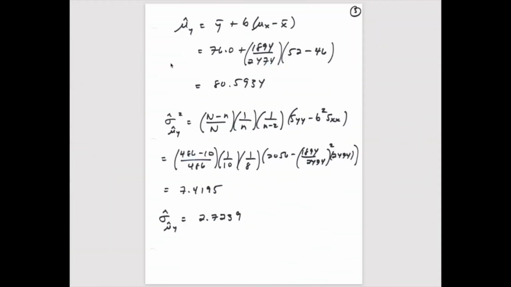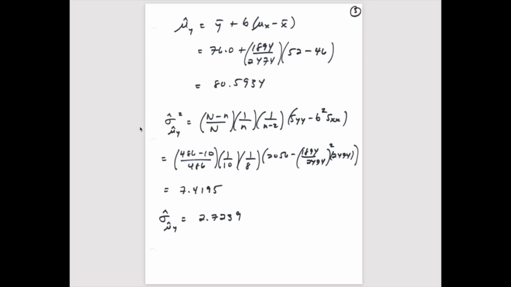All right, and so using that information, the regression estimator for the average calculus score for all students in the population, mu hat sub y, again being given by this expression here, turns out to be 80.5934. Now, that's our point estimate. We want to construct an approximate 95% confidence interval estimate for mu sub y as well.